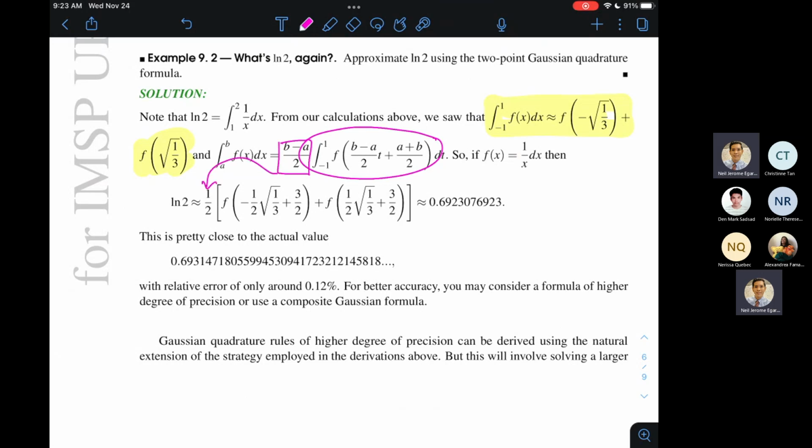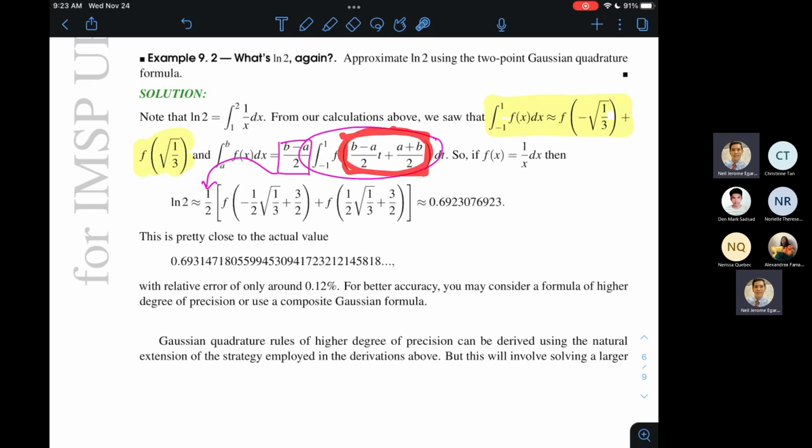Tapos function value siya supposedly at the computed abscissas, plus or minus root of 1/3, right? Pero dahil yung original integration interval natin ay AB, so instead of plugging in plus or minus root of 1/3 into the function f, ang ipa-plug in ko kay function f ay yung translation nung t-values, which are your plus or minus root of 1/3, into the interval AB.